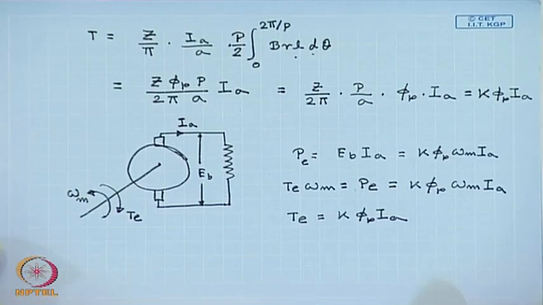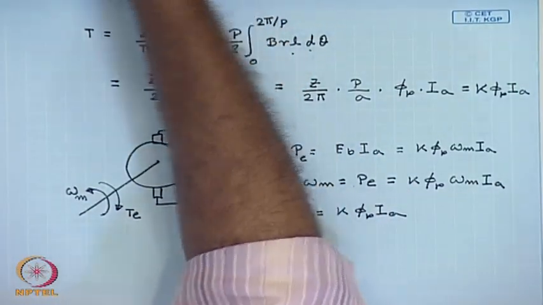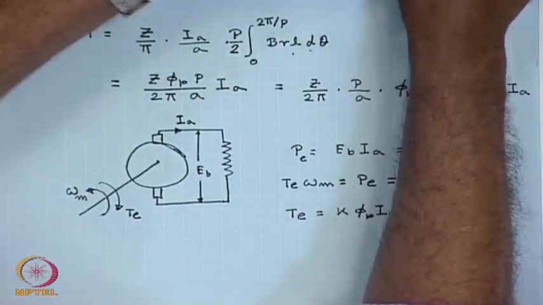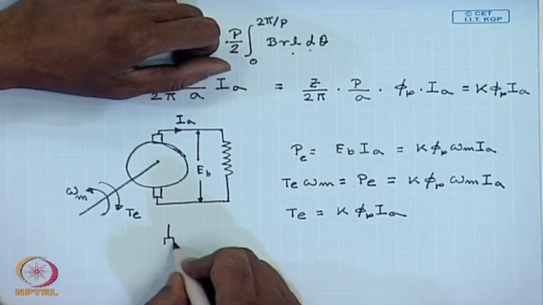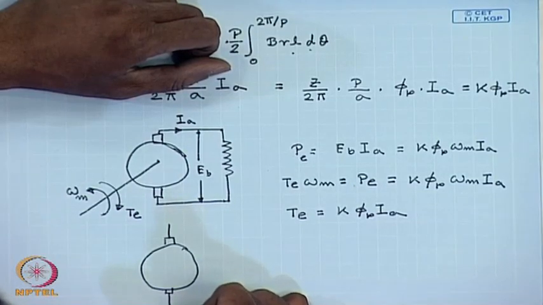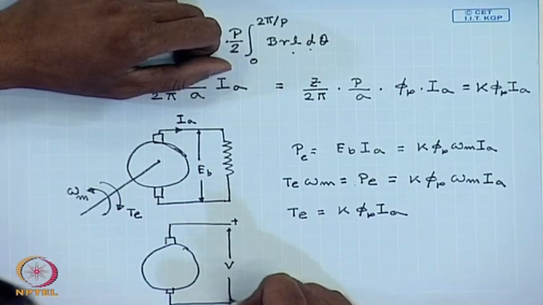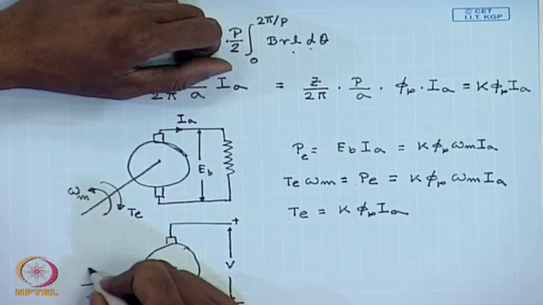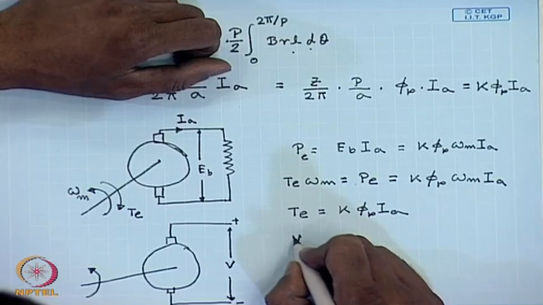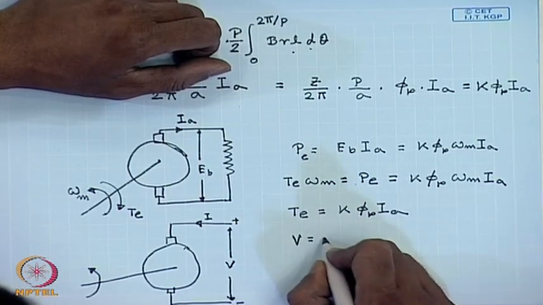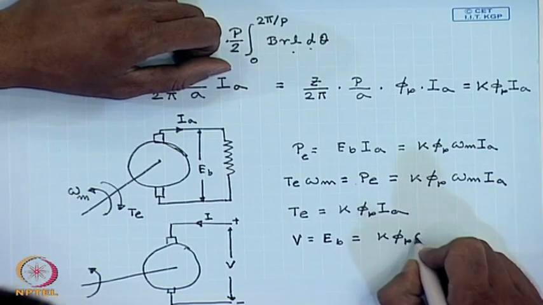However, the same conclusion will be arrived at if we consider a motor mode of operation. In the motor mode of operation, the only change will be the direction. The armature terminals will be connected to an external source of voltage V, and if we neglect the armature resistance, then in steady state V equals E B equals K phi P omega m.